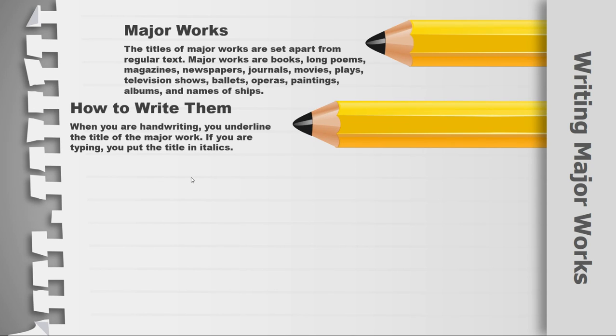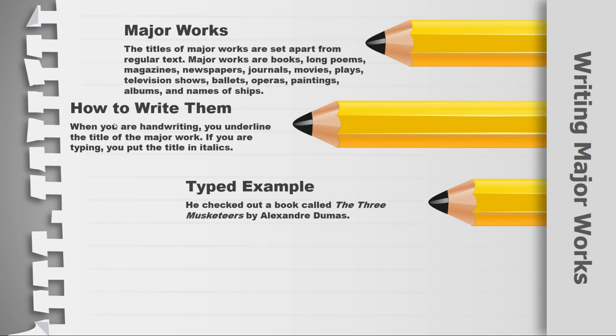If you're handwriting, you underline the title of the major work, because depending on your penmanship, we may not be able to clearly differentiate what is italics and what's not. So again, you will underline it. However, if you're typing, you would use the italics formatting feature to designate that major work.